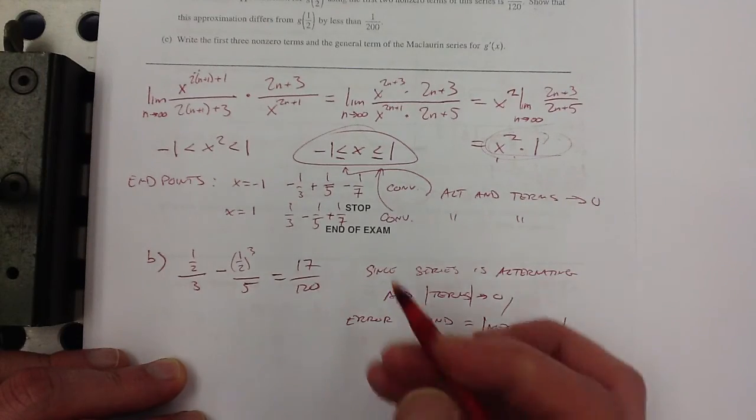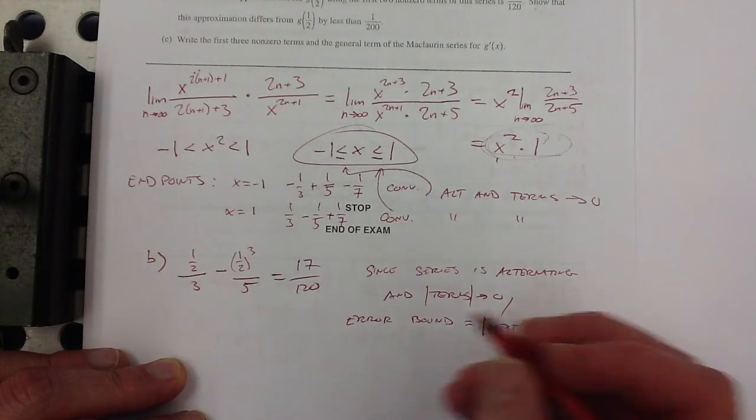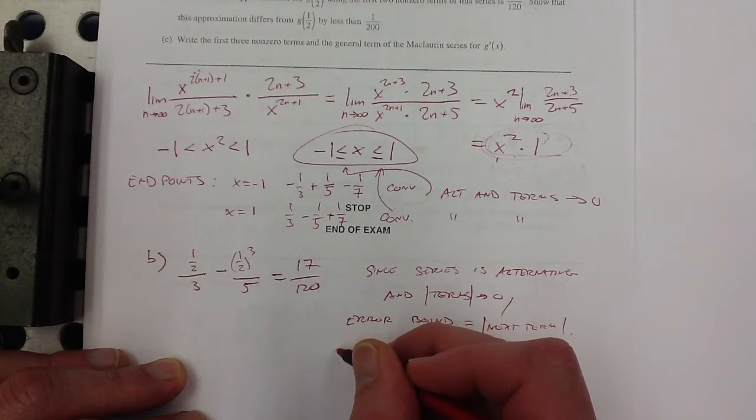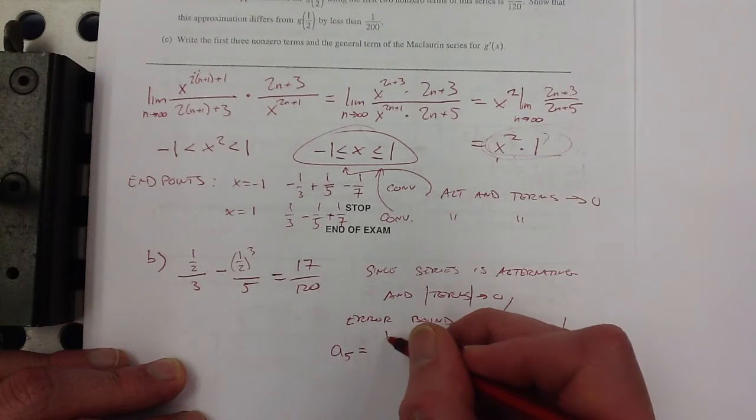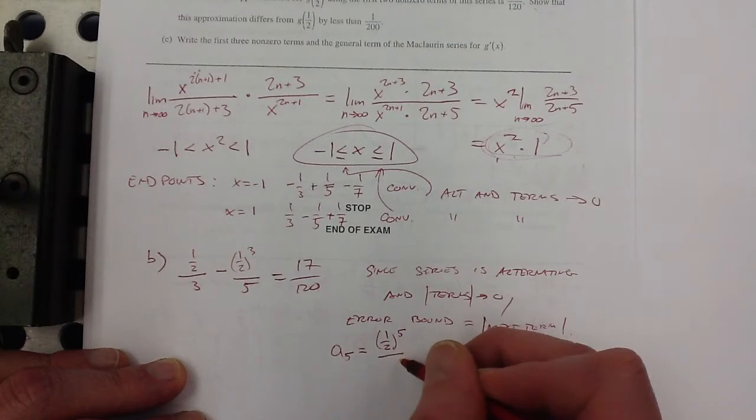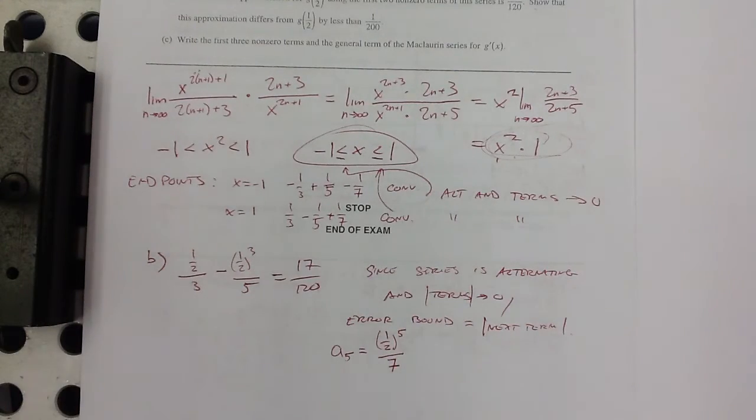And what's the next term? The next term is, we could call it the fifth term, or the fifth degree term. The next term is 1/2 to the fifth over 7. So you can't be off by more than that.